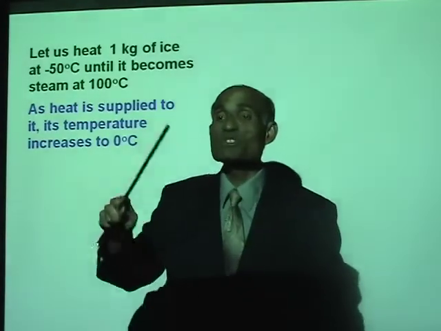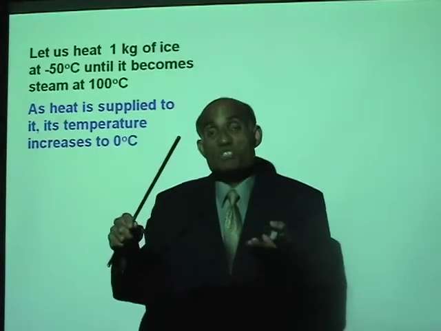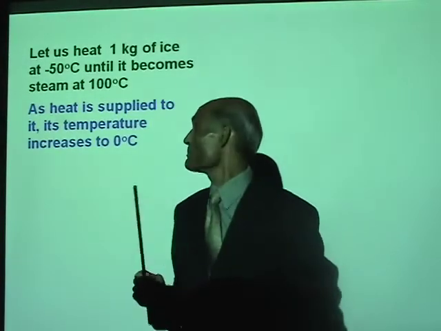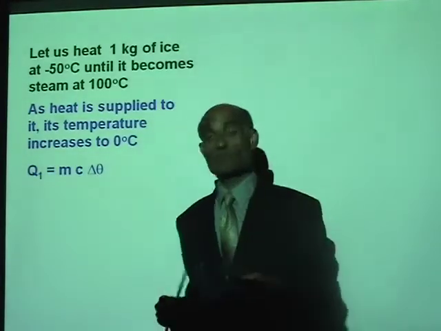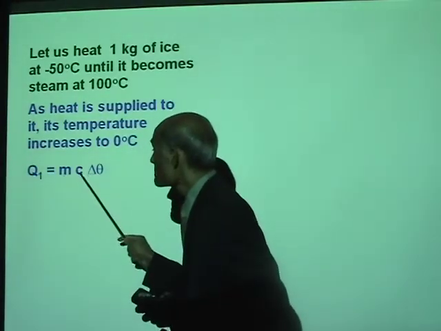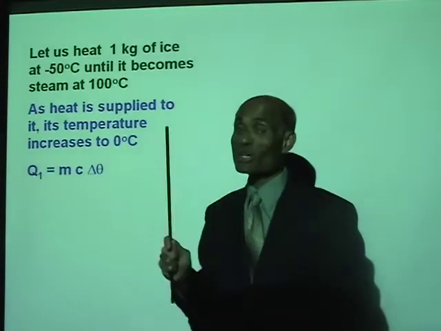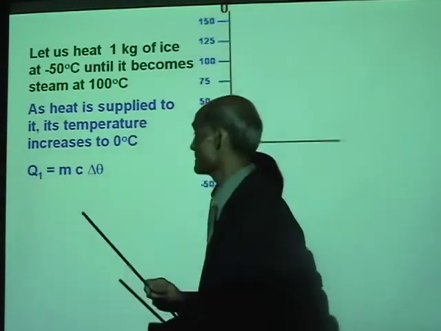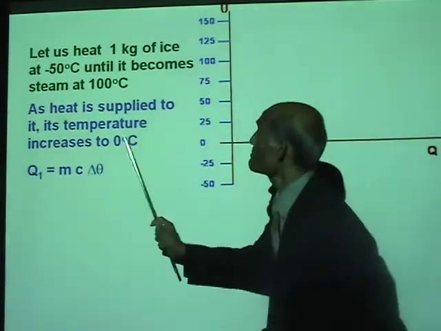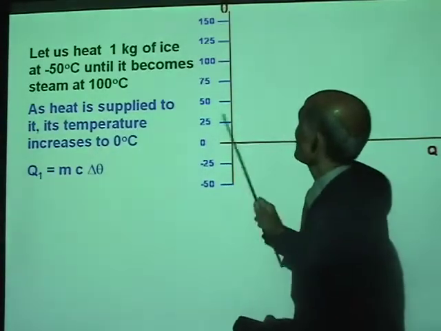What is the equation you will use to calculate that amount of heat? There is a change in temperature, so the amount of heat Q will be, I'm going to call it Q1, that's the state 1. It's mass times specific heat times the change in temperature. Now, if you look at the table there is a value for specific heat for ice. Alright, I'm going to represent the quantities of heat at different stages on a graph.